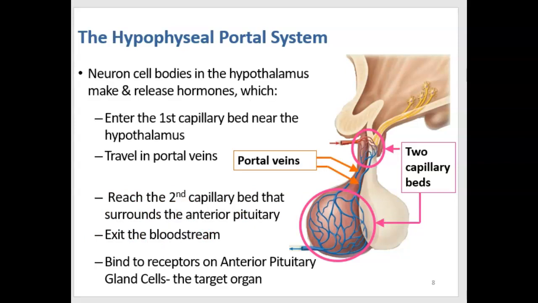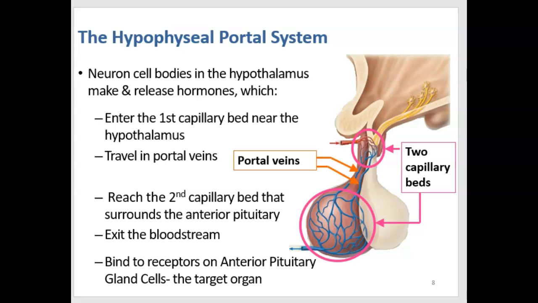So the hypophyseal portal system is composed of these portal veins and the two capillary beds. There are neurons in the hypothalamus, and the cell bodies make and release hormones into the first capillary bed, which is near the hypothalamus.